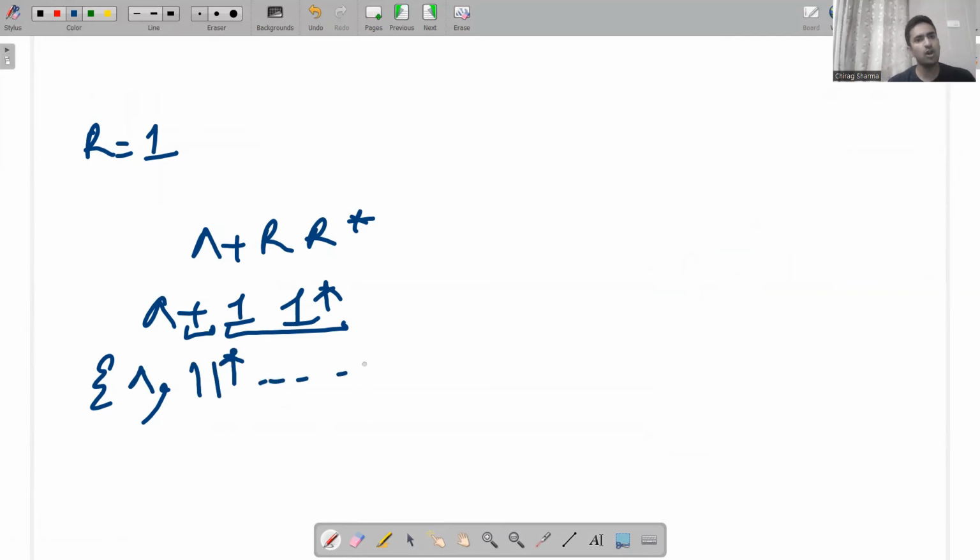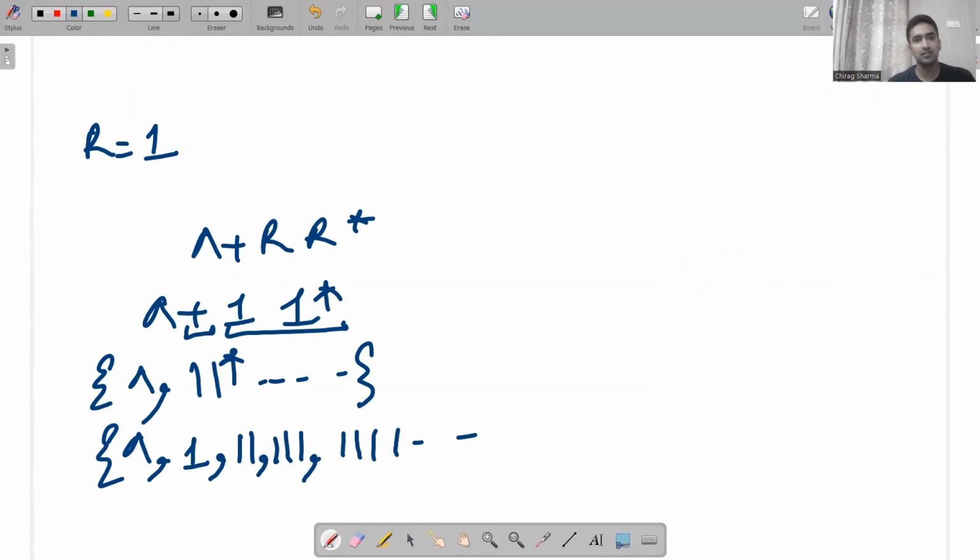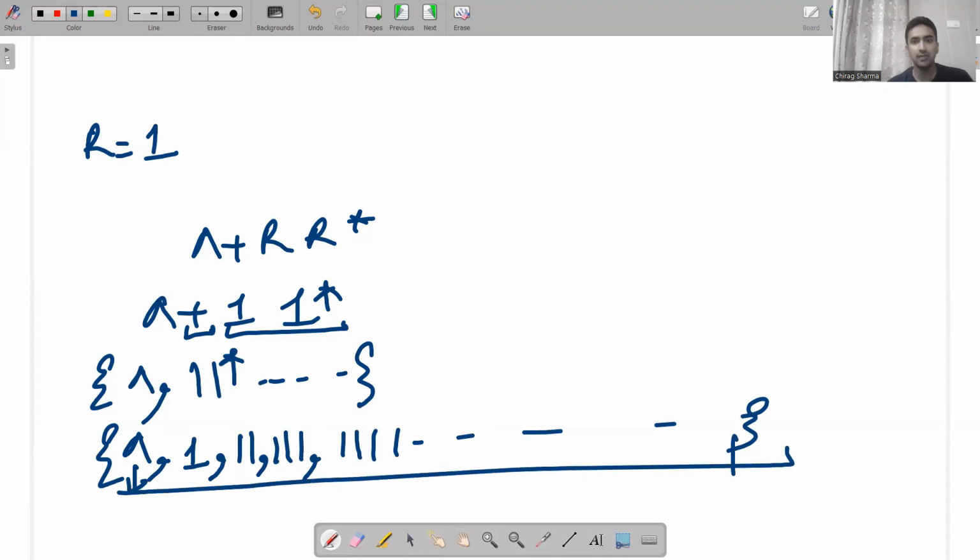Now we already know what 1 star is. The 1 star answer is single one, two ones, three ones, four ones, and so on. So all the answers, including this null also, mean the answer of this would be entirely 1 star. What is 1 star? Any number of ones, including null also, right?